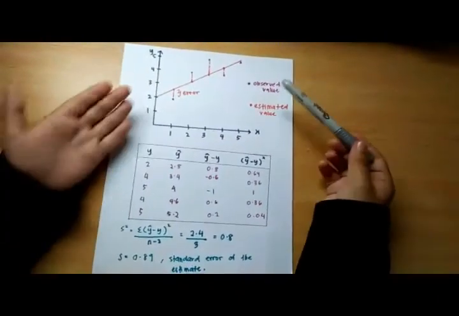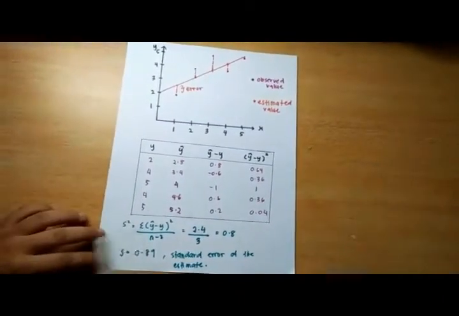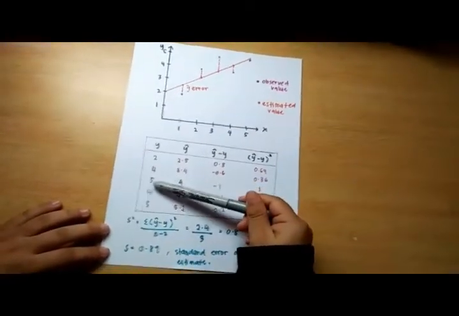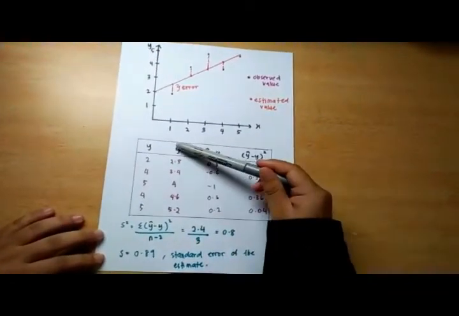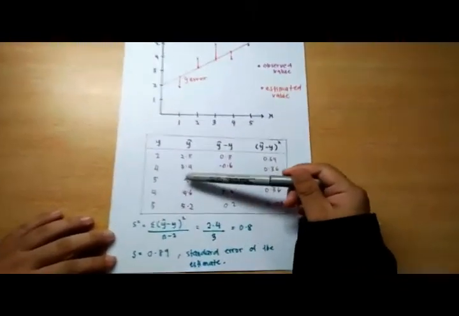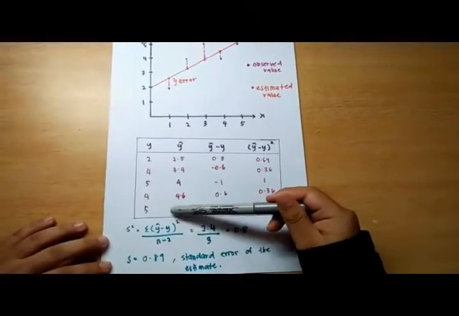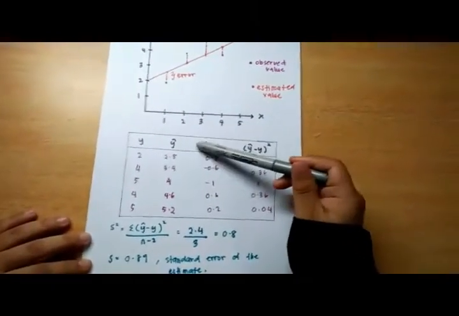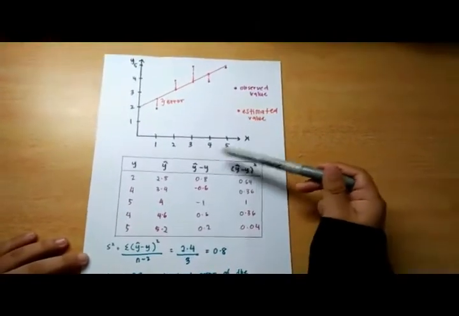Then we move the data to the table. We have y, the observed values 2, 4, 5, 4, 5. These are the estimated values: 2.8, 3.4, 4, 4.6, and 5.2. Then we take observed value minus estimated value.